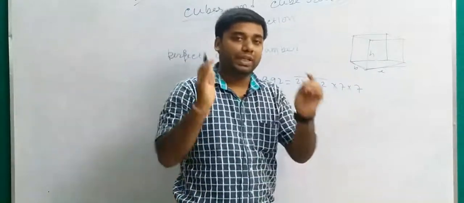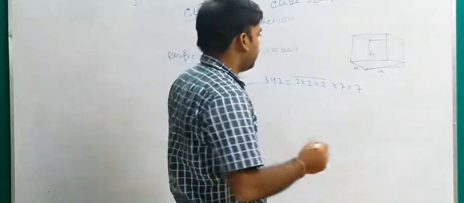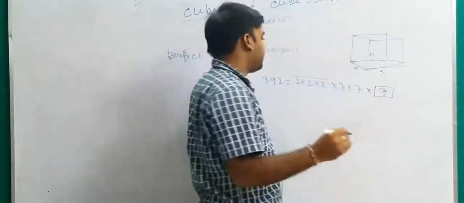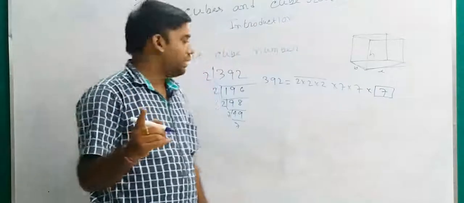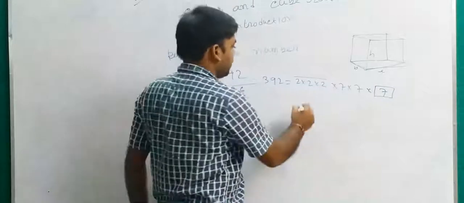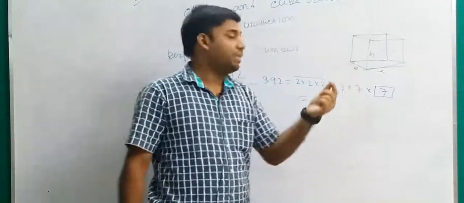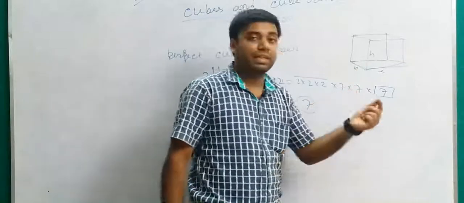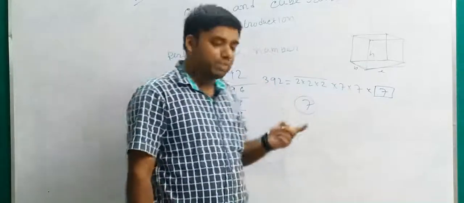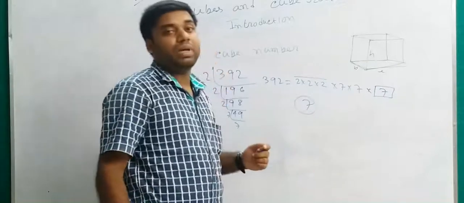For being a perfect cube number, you need one more 7. So that number should be multiplied. If the number is multiplied by 7, then 392 will be a perfect cube number. So 7 is the answer, because two 7's are there in the factorization. If one more 7 is present, then it is a perfect cube number.